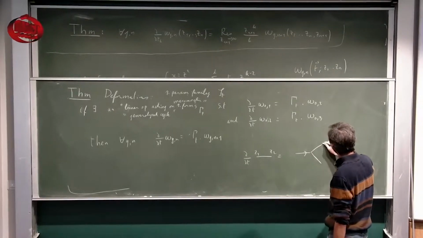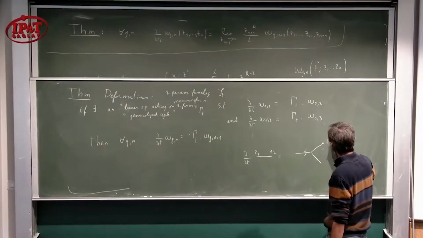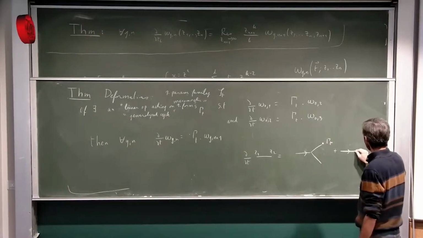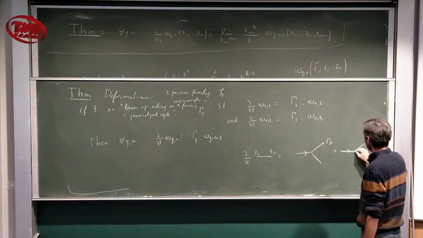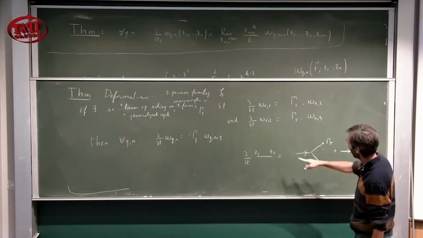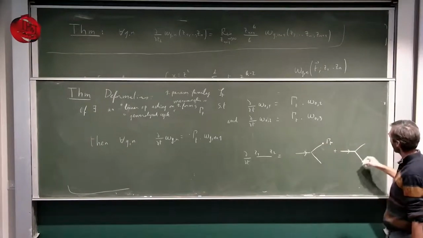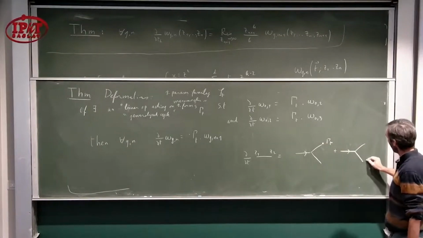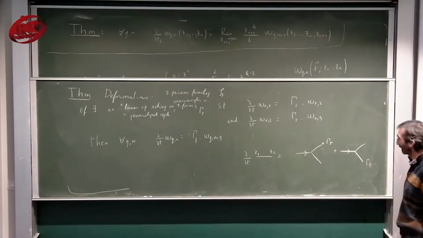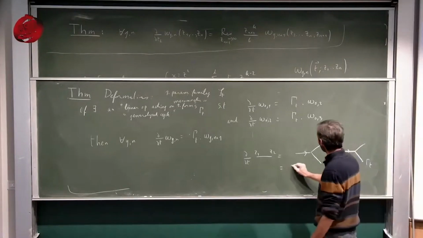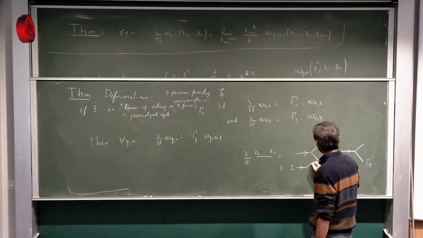And here I act with gamma t on one of the two legs, plus, so omega 03 was containing two graphs, which is by the way 2 times this one.